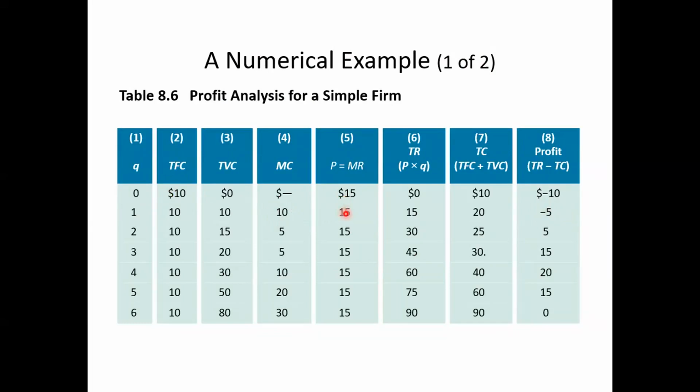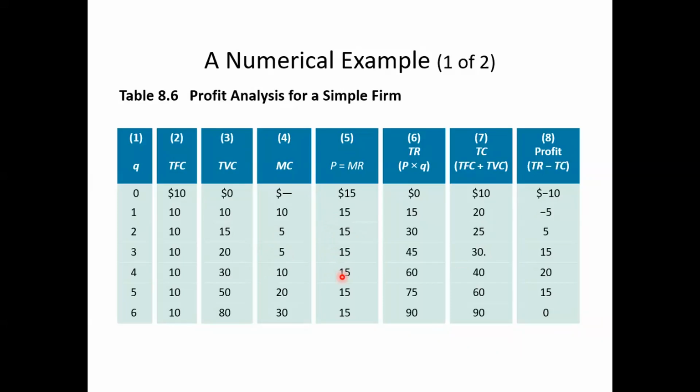Okay. That's unit one. Unit two, I get $15 for it. It costs me $5 to make. Do I produce it? Yes. Why? Because I'm making more money. Unit three, I get $15. It costs me $5 to make. Would I produce it? Yes. Profit's going up. Unit four, I get $15 for it.